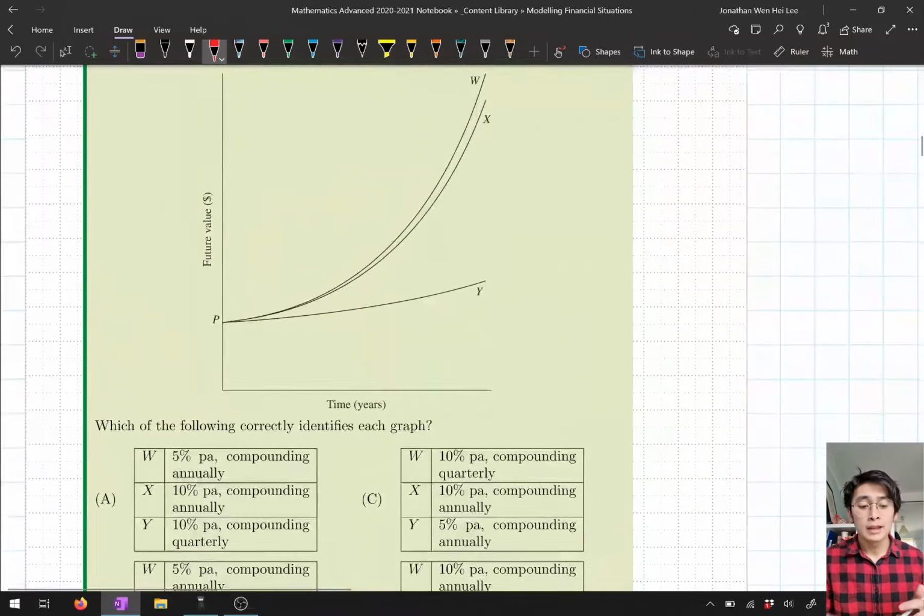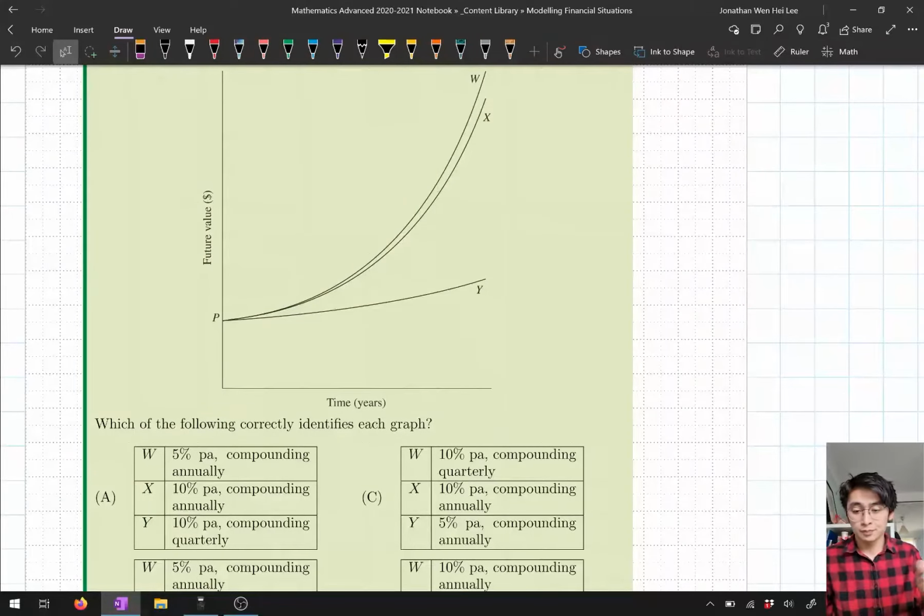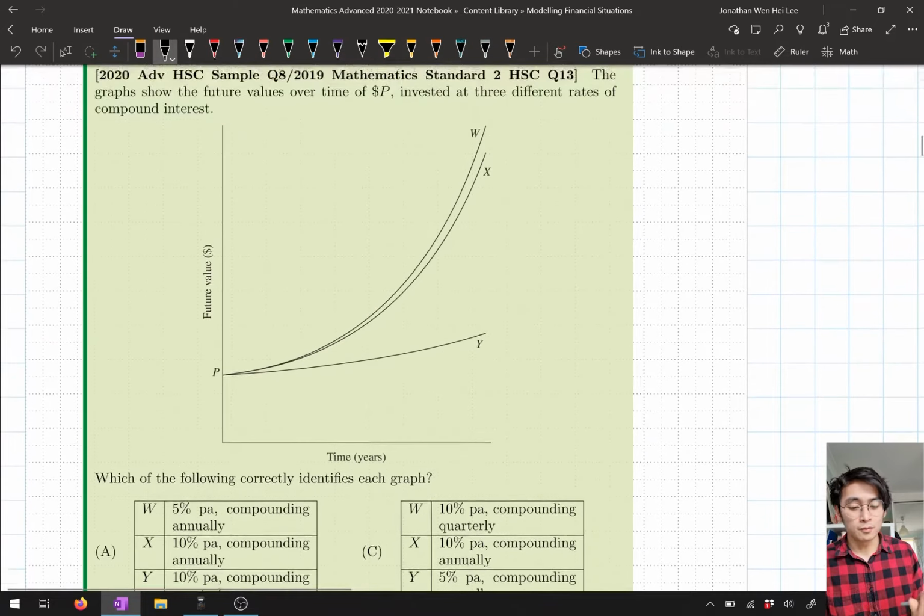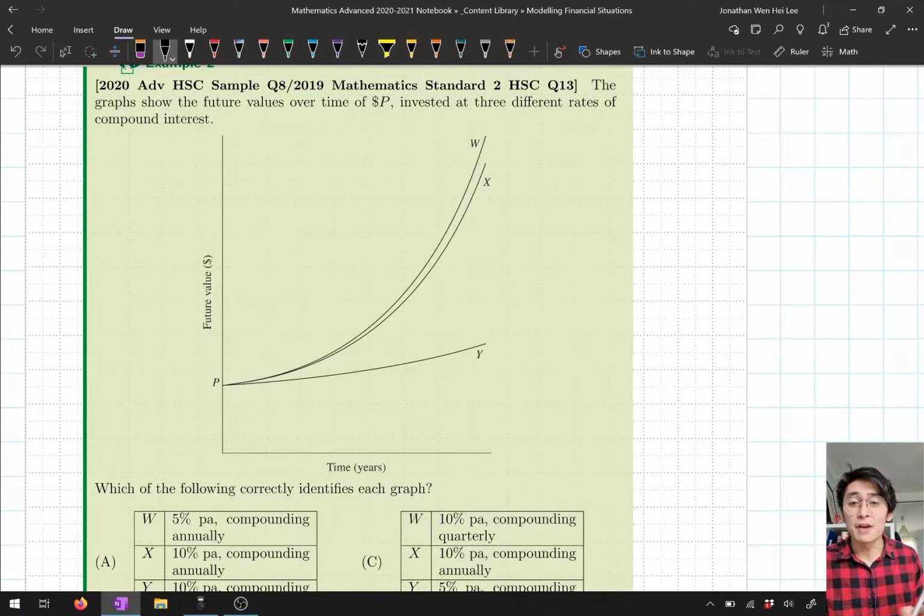So if you remember, there are two things that you can think about. If you have a higher compound interest, it's going to look like a steeper graph. If you have a more frequent compounding period, it's also going to give you a steeper graph.